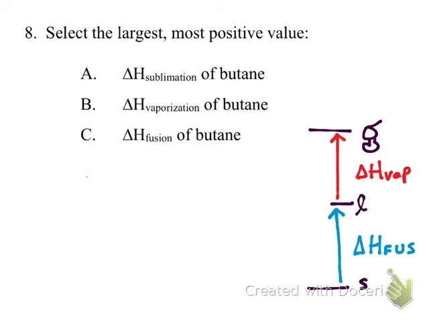If, on the other hand, we go directly from a solid to a gas, so we're skipping that middle liquid phase, the magnitude of this is going to be equal to the delta H of fusion and the delta H of vaporization together to get us our enthalpy of sublimation. So enthalpy of sublimation will always be equal to the enthalpy of fusion plus the enthalpy of vaporization for a given substance.